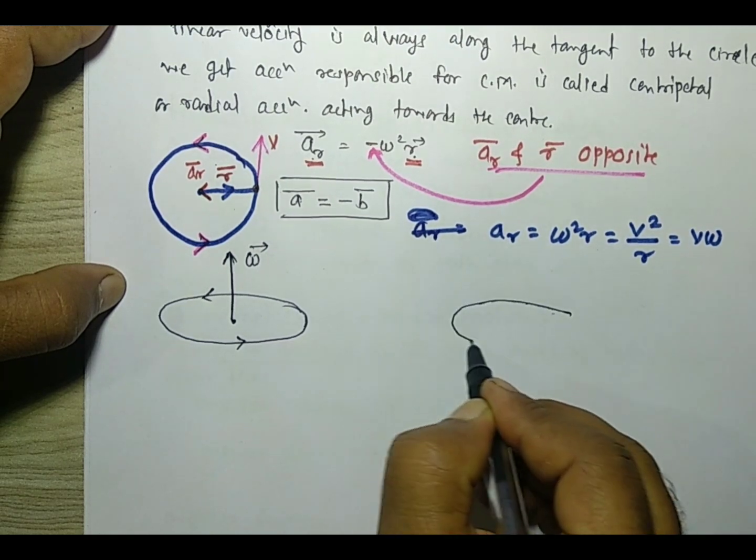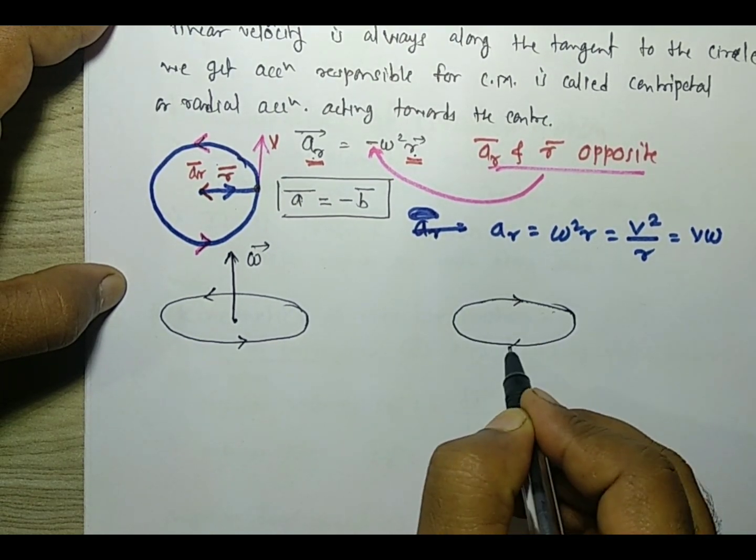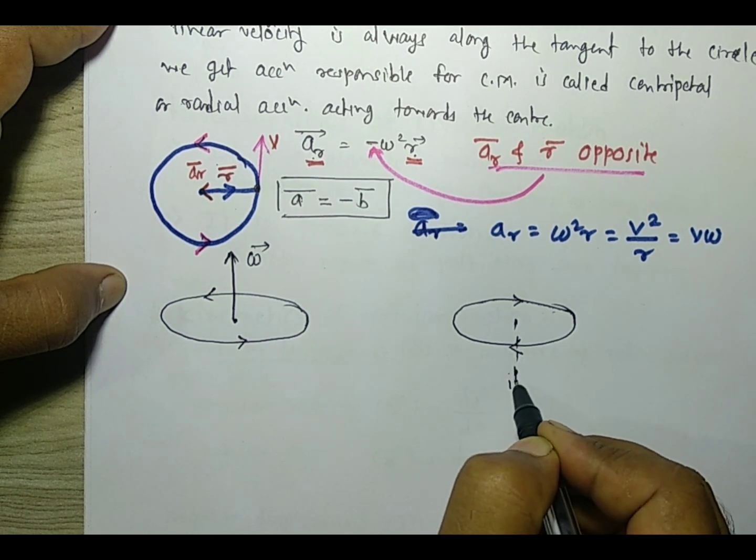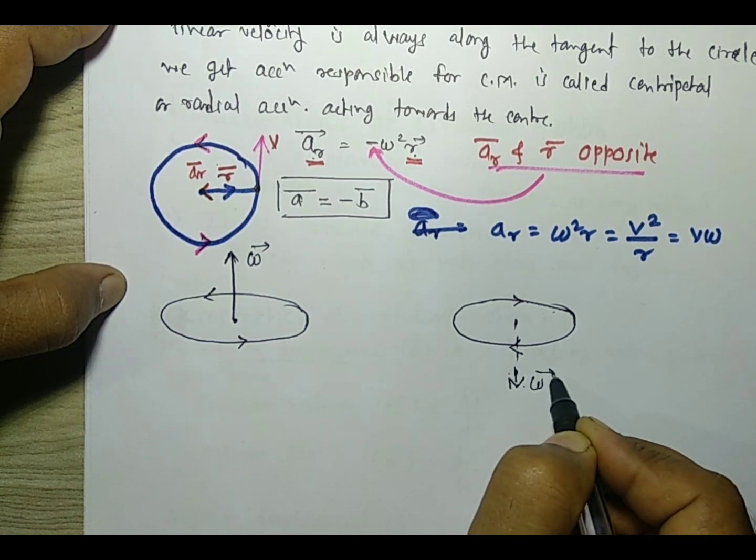If the particle moves in a clockwise direction, at that time omega bar is here.